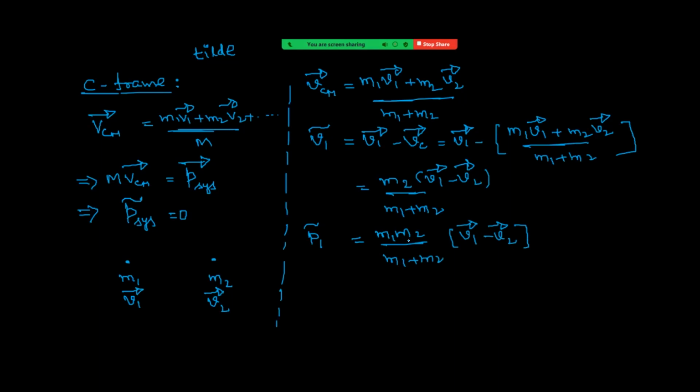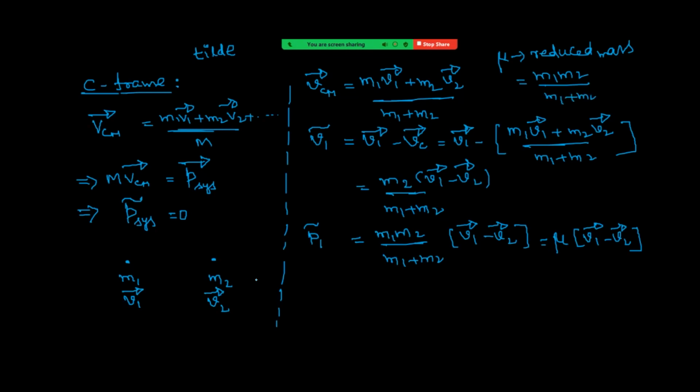Here M1 M2 by M1 plus M2 has a special name, reduced mass. Notation is mu. So mu into V relative, V1 bar minus V2 bar, right? I will write here, mu stands for reduced mass. We use this frequently, its value is M1 M2 upon M1 plus M2.